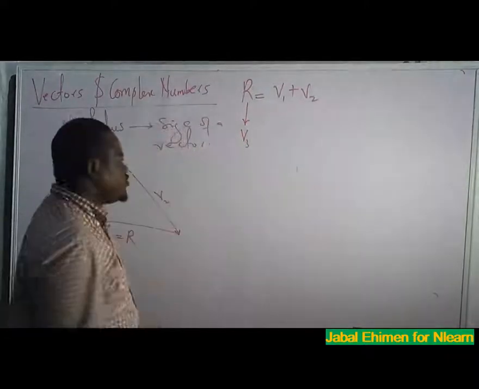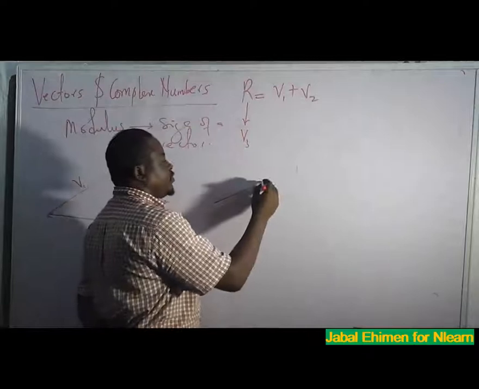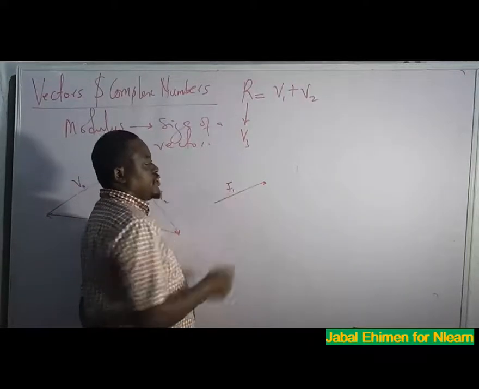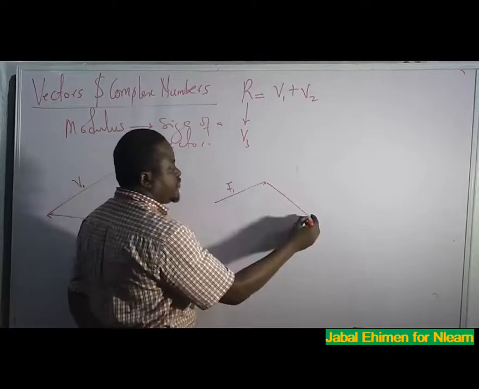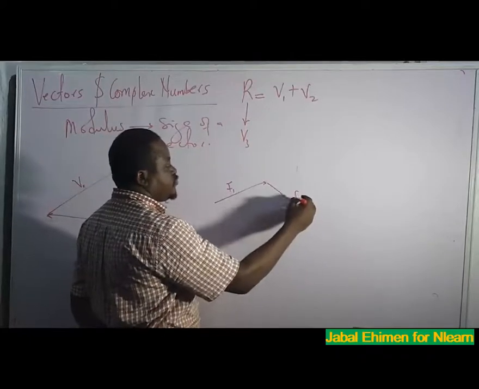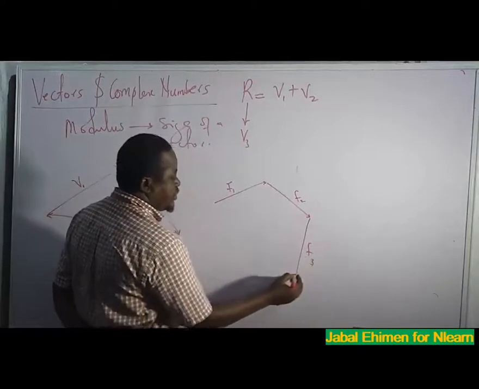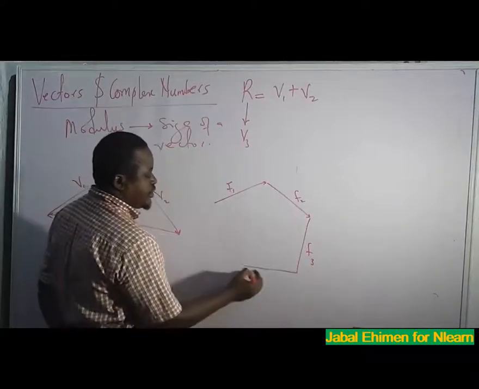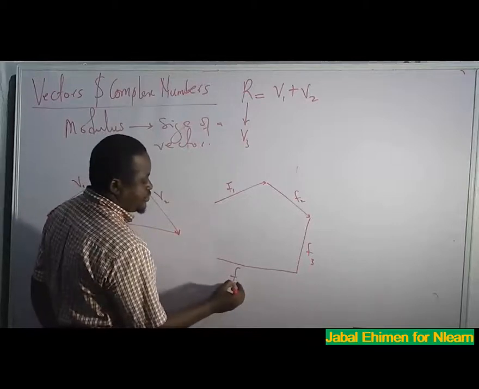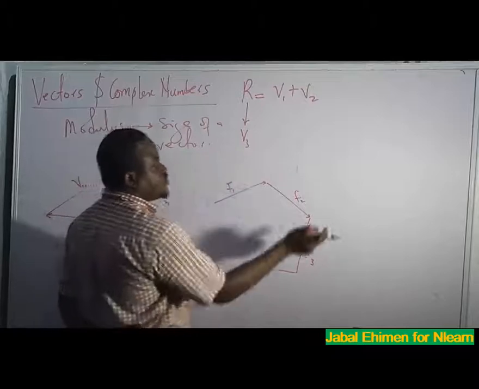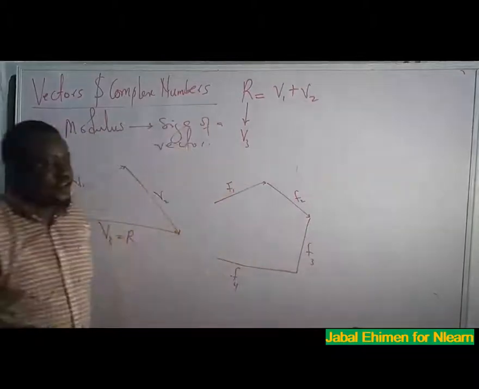But what about a situation where you have vectors of this nature, maybe F1, that's for forces, another vector F2, another vector F3, another vector F4. How many vectors are we having now? 1, 2, 3, 4. 4 vectors.